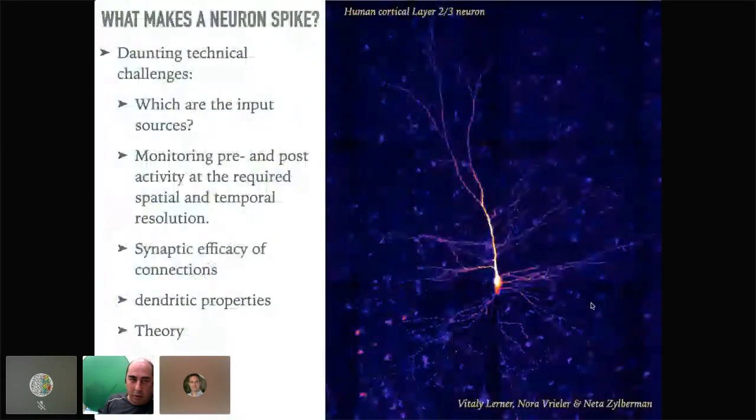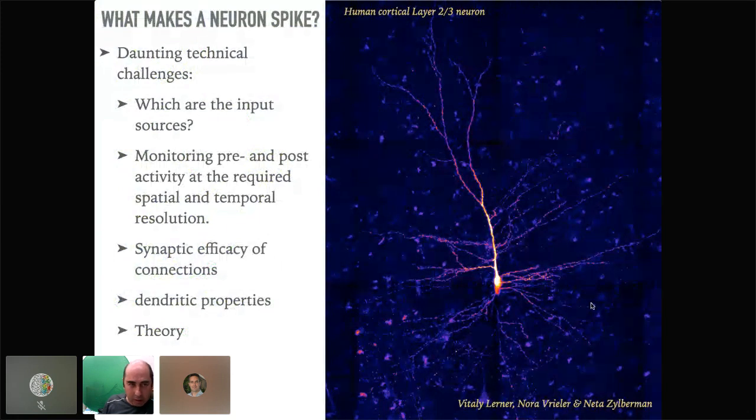And I want to highlight how difficult it is to address this question from a technical point of view, because if you really wanted to know what made the neuron spike, you would need to know, first of all, what are the inputs to this neuron, and this probably means you have to know about 10,000 presynaptic neurons, where they connect to the dendrite, and whether they are excitatory or inhibitory.